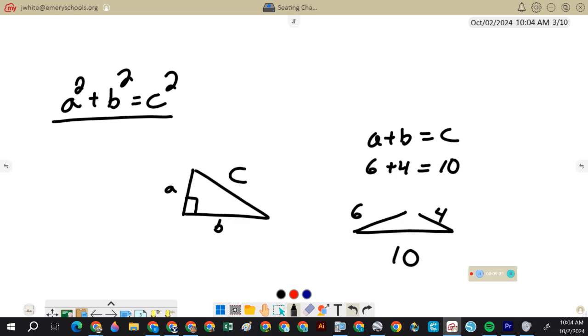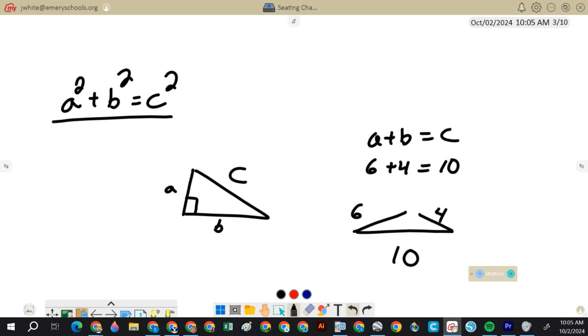Can I make a triangle? No, why not? What's wrong with that? Why does it not work? It doesn't connect because what? Right, the 6 and the 4 added together are the same length as the 10.